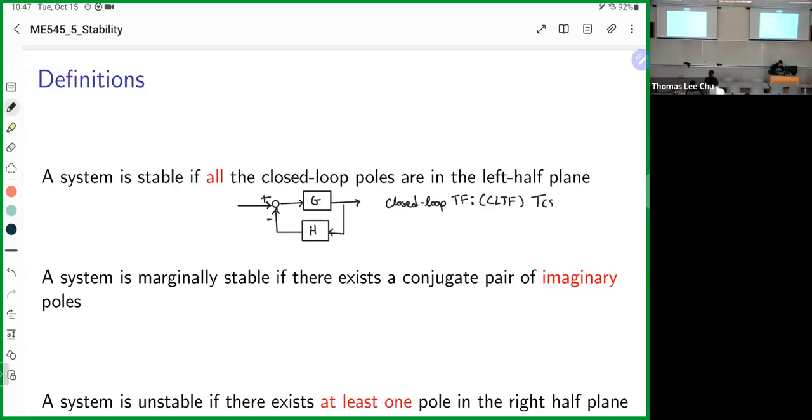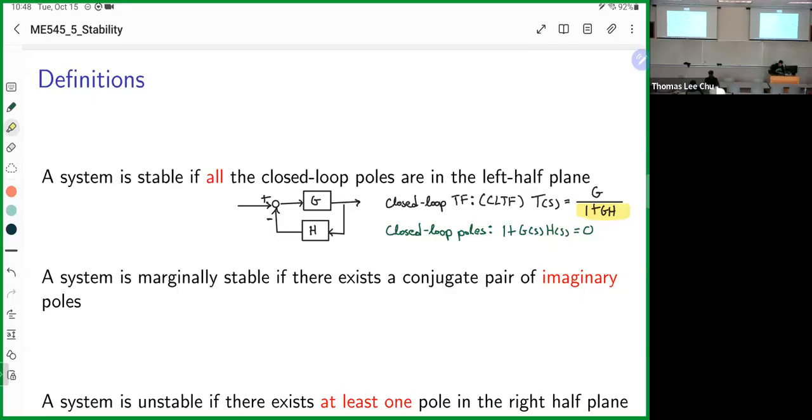We denote it as T of s, which is going to be equal to G over 1 plus GH. So then the closed loop poles are going to be values of s where 1 plus G of s, H of s is equal to 0. So those are the closed loop poles. So we're talking about this term here.